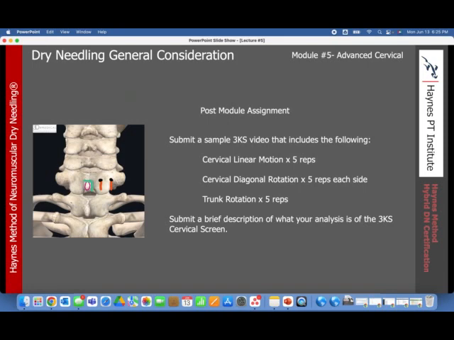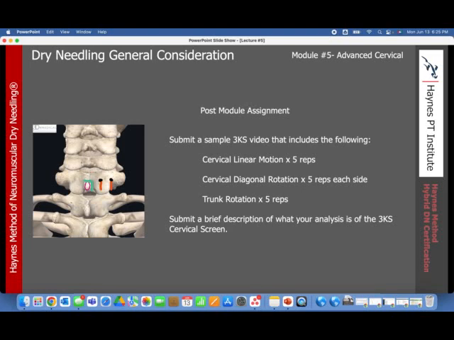I know that's a lot of material, and we'll cover a whole lot more of that whenever we get into lab for actual demonstration and practicing that, so come with plenty of questions. Your post-module assignment, for those who are taking this for credit and are coming for lab, is to submit a sample 3KS video that includes the following.